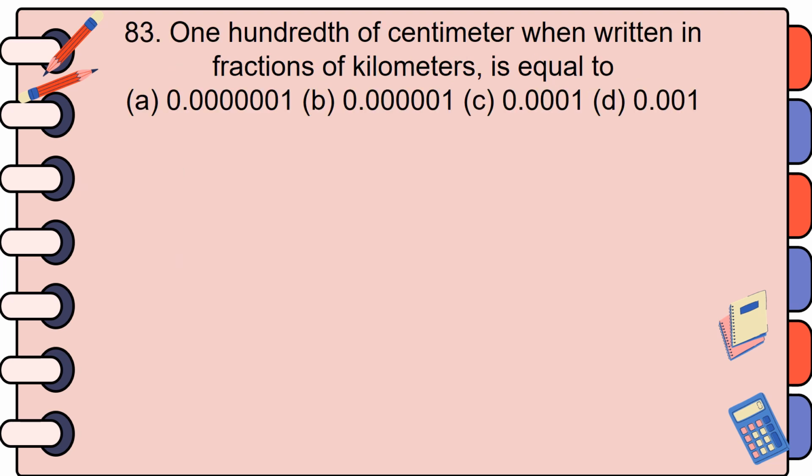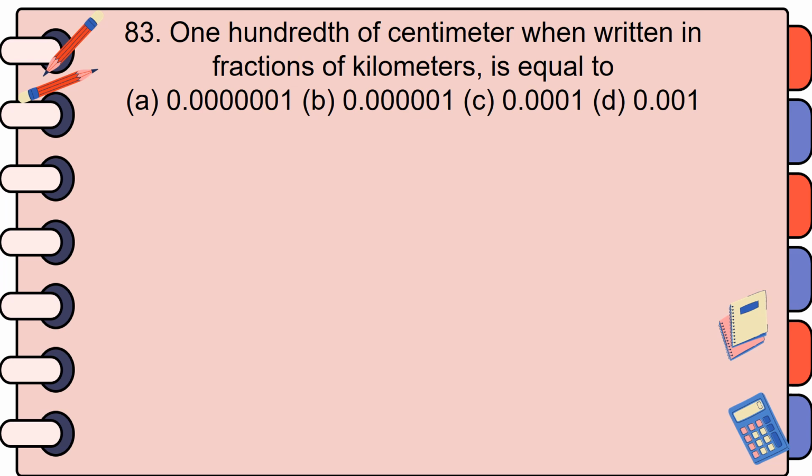Question number 83. 1/100 of a centimeter when written in fractions of kilometers is equal to. There are choices here. Among these choices, what is the correct answer? You have to express 1/100 of a centimeter in kilometers.